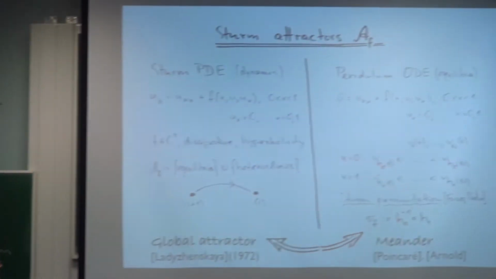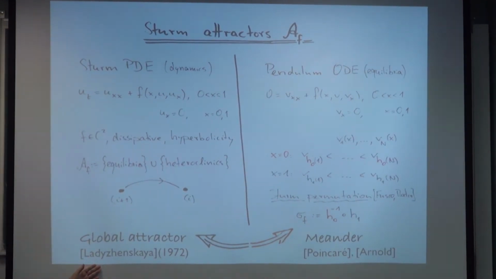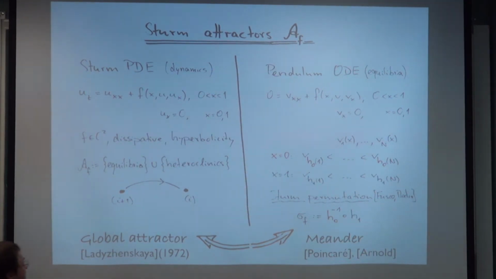So this was a concept, all roads lead to St. Petersburg, okay? I apologize for that, by Olga Ladyzhenskaya in 72. In the context of the Navier-Stokes equation, this equation is much easier. And so here are these two equilibria and the heteroclinic orbit.